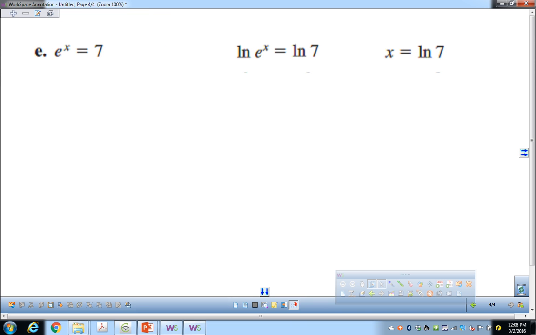The reason that works is that, what's the natural log of e to the x? What's the natural log of e to the x? X. Because this undoes this. So this is just equal to x equals natural log of 7. Yeah? Or you can think of it when we start doing problems, well, we'll worry about that when we get to it.